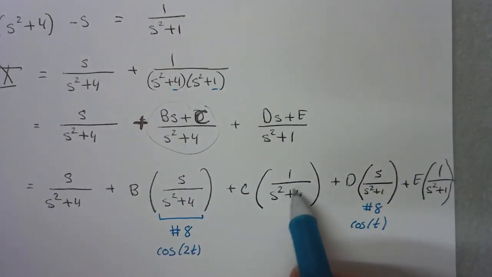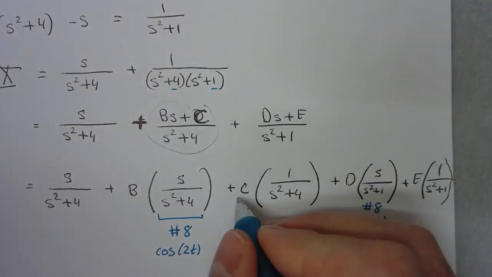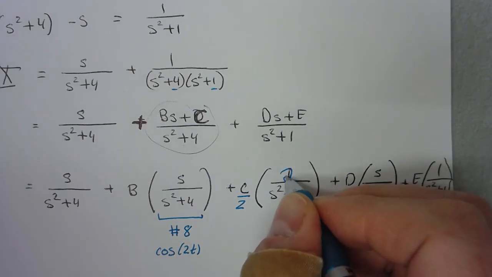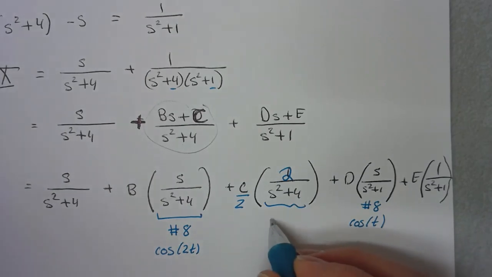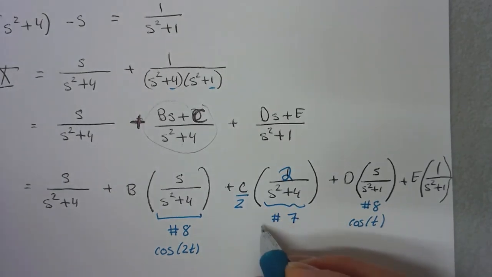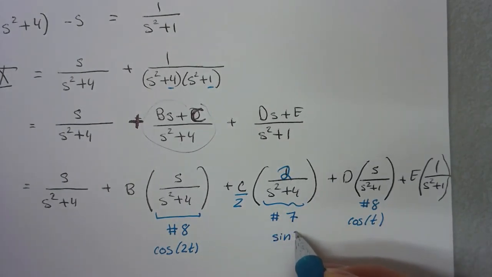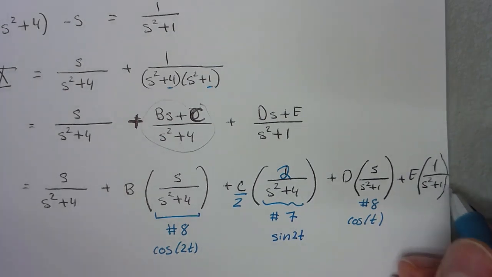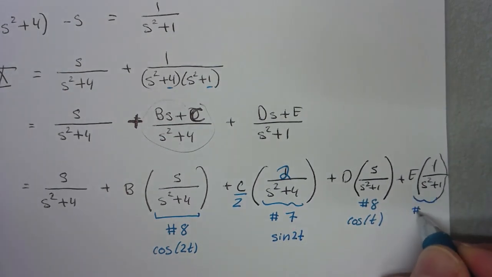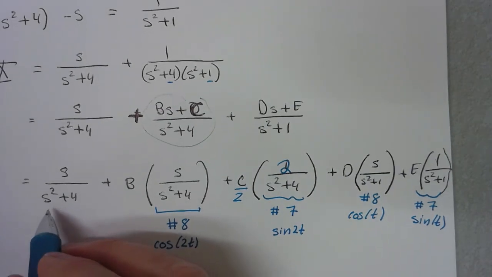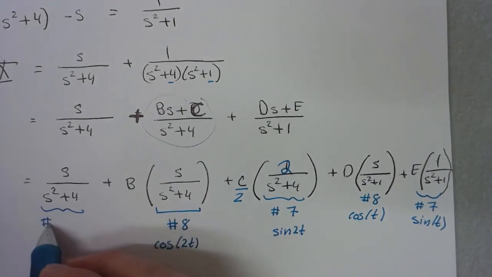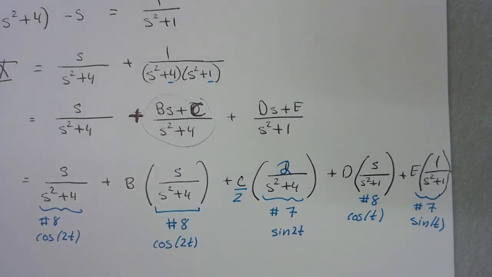So I would need a 2 here, and that's fine. Divide by 2, multiply by 2. And now this is number 7, and it's sine of 2t. This is 1 and 1, so this is number 7, sine of t. And then over here, of course, this is number 8, cosine of 2t.